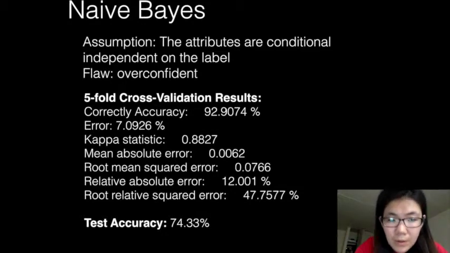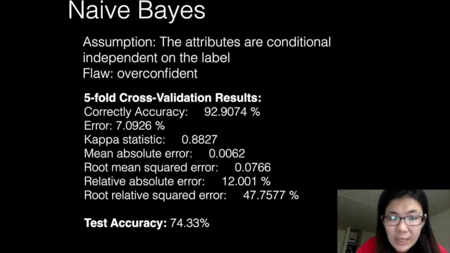The first model I'm going to use is naive Bayes. Naive Bayes has a very strong assumption, that all the attributes are conditionally independent given the label. This is such a strong assumption that it may cause many flaws.